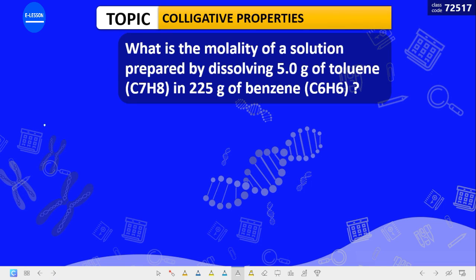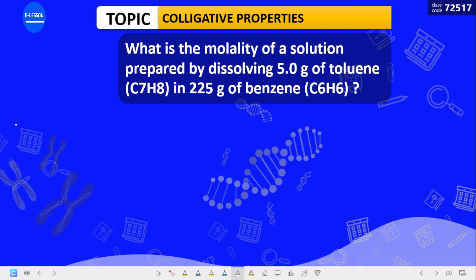Now let us talk about molality, because these are the two concentration terms that will be of utmost importance in understanding this course: the number of moles and the molality. Now the question says, what is the molality of a solution prepared by dissolving 5 grams of toluene in 225 grams of benzene?